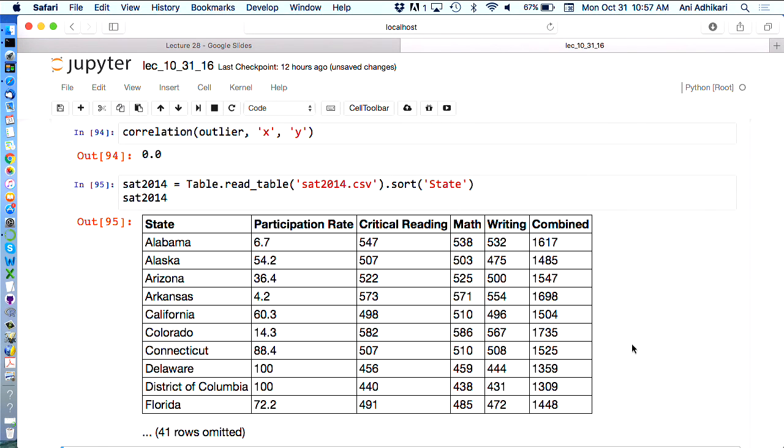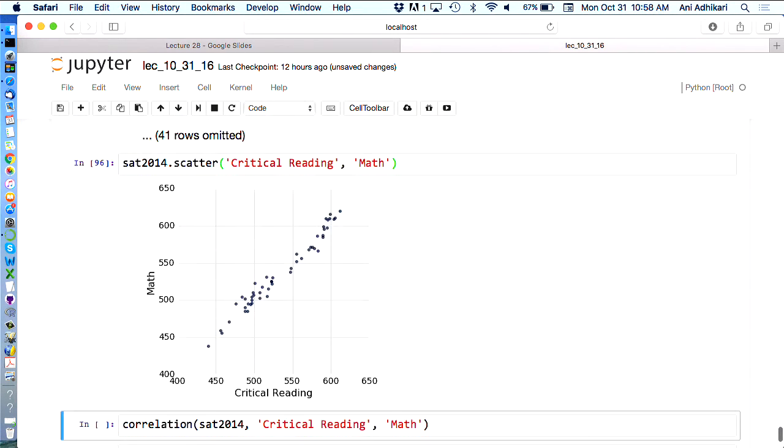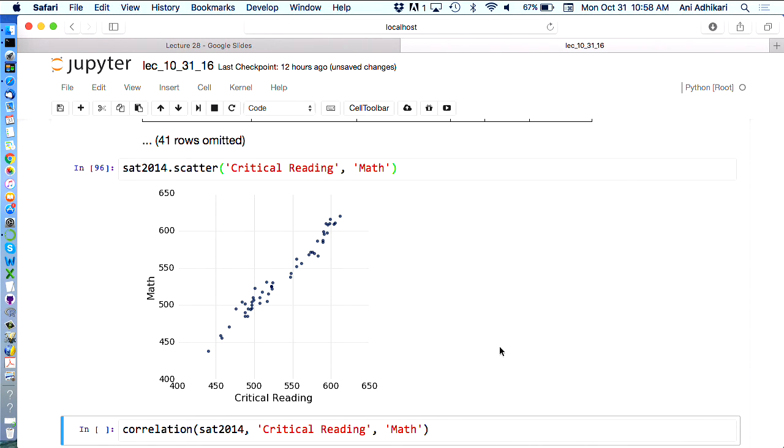All right. So here are data for 2014, for every single state and DC, average scores. Okay? And what we're going to look at is the scatter diagram of critical reading versus math. There is 1 point corresponding to every state plus 1 point for DC.